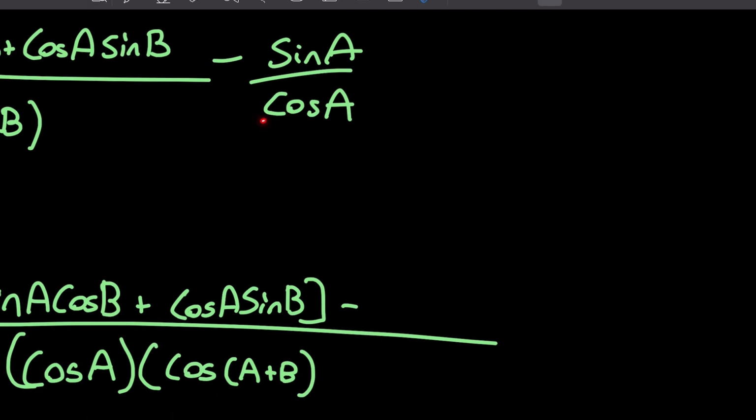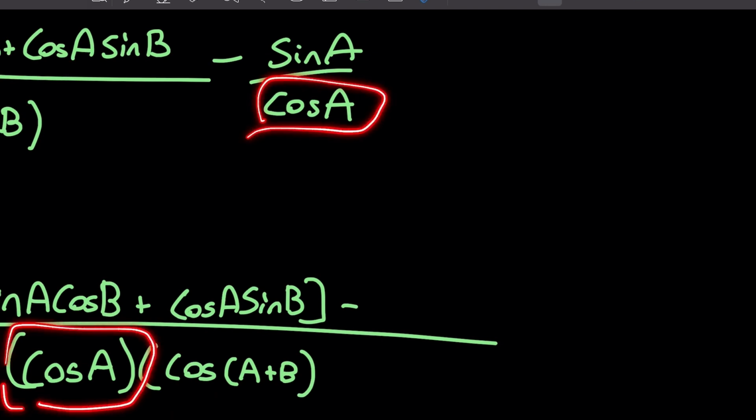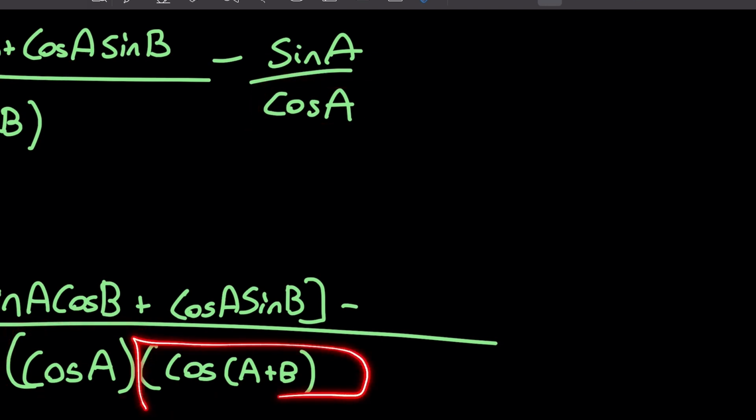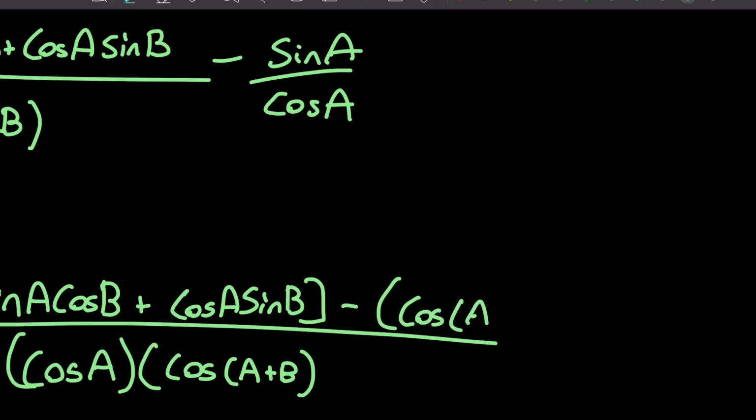This goes 1, so we'll be multiplying this denominator by this numerator. So we'll have minus cos of (A plus B) times sine A.